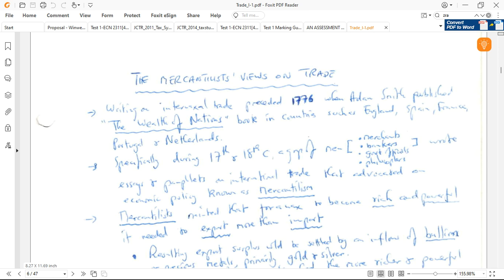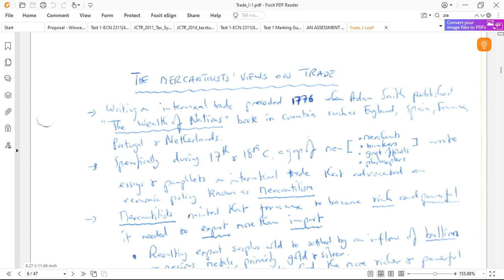So this was their thinking, that for a country to develop, for a country to make more money, it's supposed to export more than it is importing. Because of this, governments of such nations must do whatsoever is within their powers to make sure that they are exporting more than they are importing.